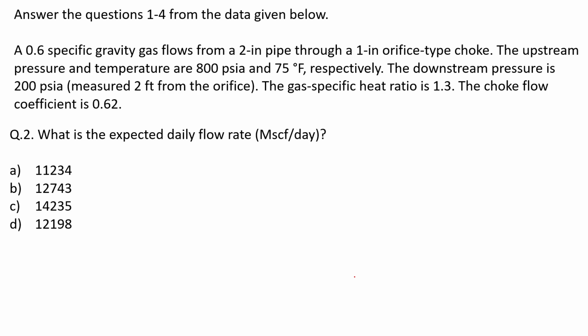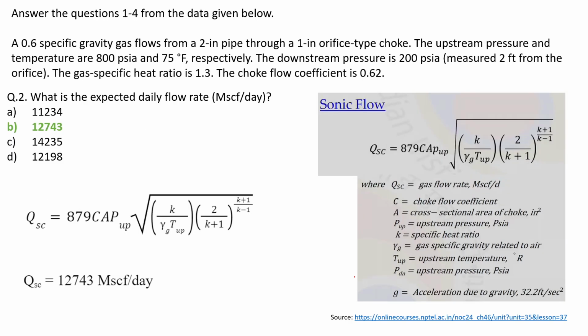Now, the next question is: what is the expected daily flow rate in MSCF per day for the given data? As previously we found out that the flow is sonic, for sonic flow the equation for finding the gas flow rate is this.